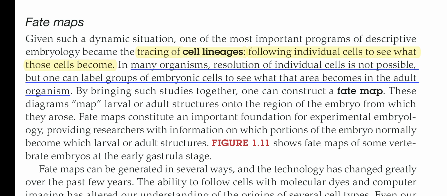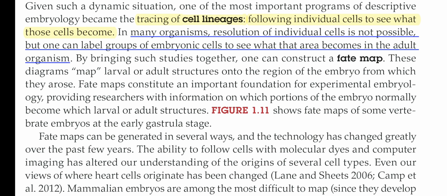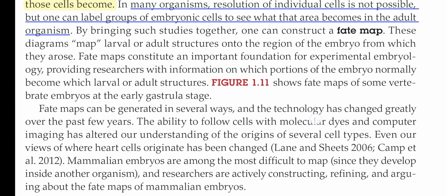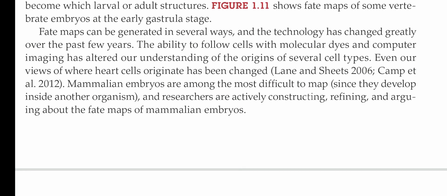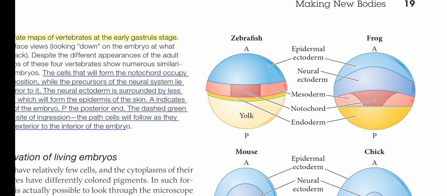The way it produces differentiated tissues and organs, that map is called a fate map, beginning from the zygote to the blastomere stage cells, then the different germ layer cells in the gastrula, followed by different organs, tissues, organ systems, not organelles.